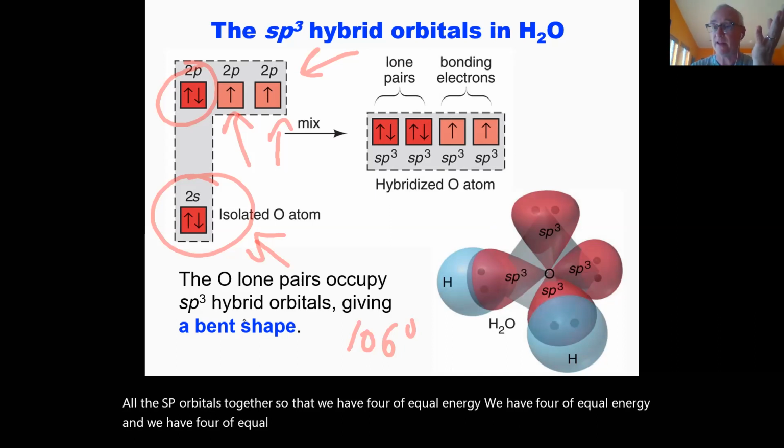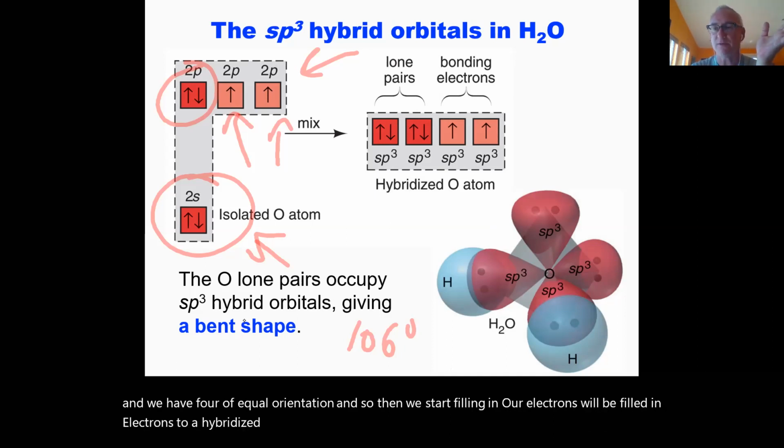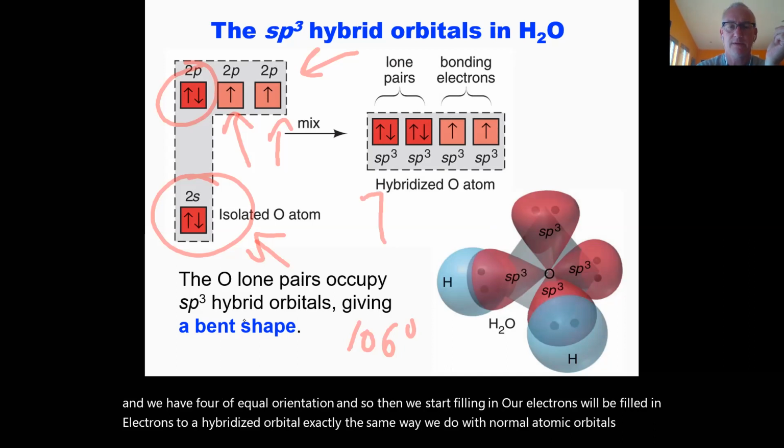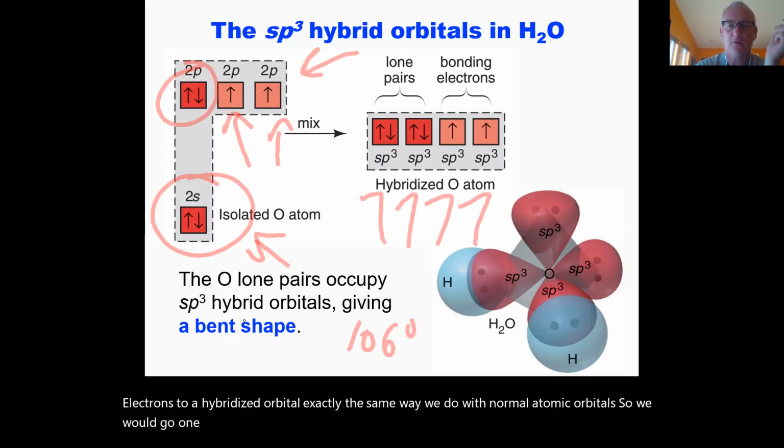And so then we start filling in our electrons. We fill in electrons to a hybridized orbital exactly the same way we do with normal atomic orbitals. So we would go 1, 2, 3, 4, 5, 6.